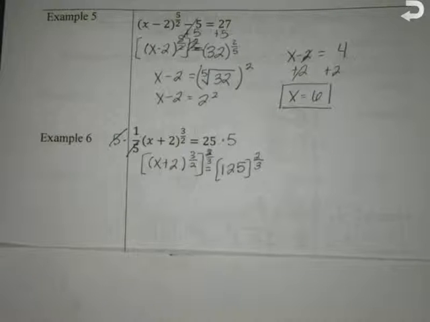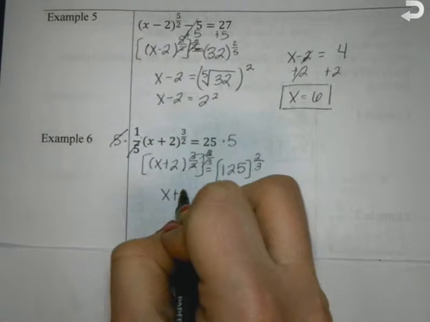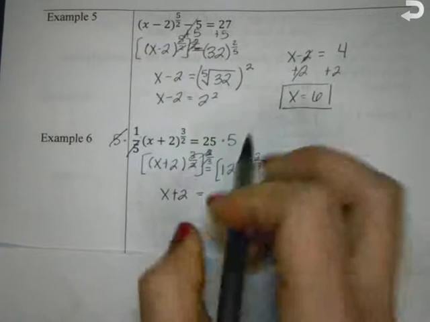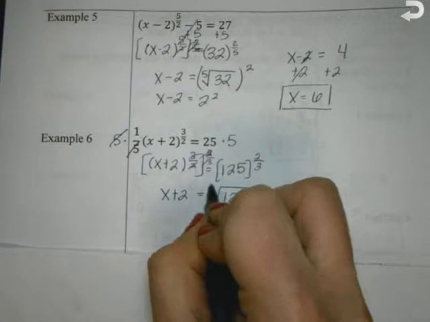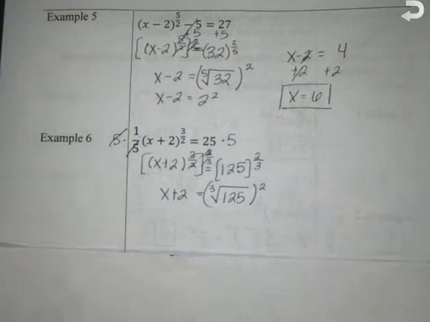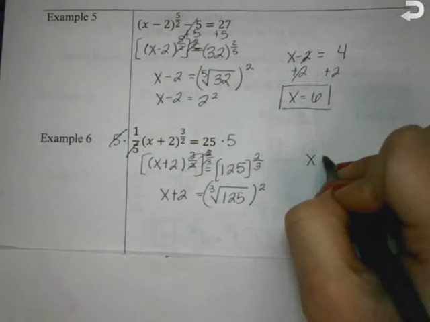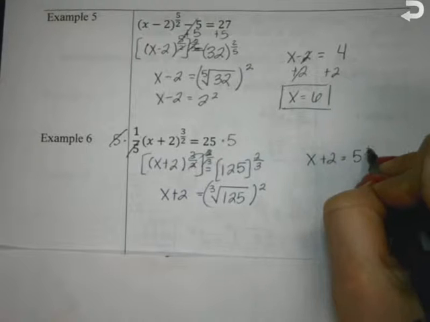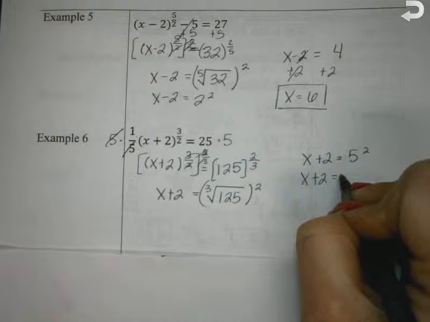So I get x plus 2 equals, and we can rewrite this as the cube root of 125, all of that squared. Cube root of 125? 5. So we get x plus 2 equals 5 squared. So x plus 2 equals 25. Subtract 2 from both sides, and x equals 23.